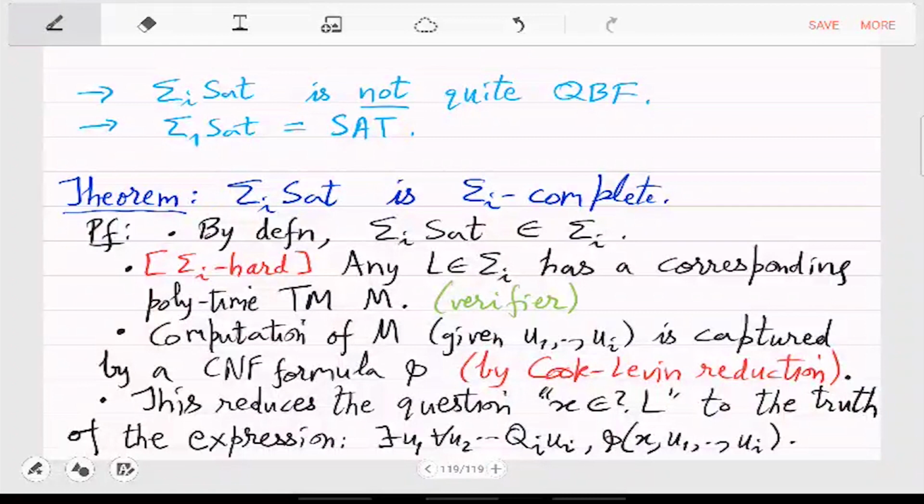So phi is basically simulating the computation of Turing machine M given these certifying strings U1 to UI, and whether the answer is 1 or not. That is what the verifier checks. We have expressed it as a formula, so we can remove the equal to 1, and then put the quantification on top of it, right? So this has reduced L to sigma I SAT.